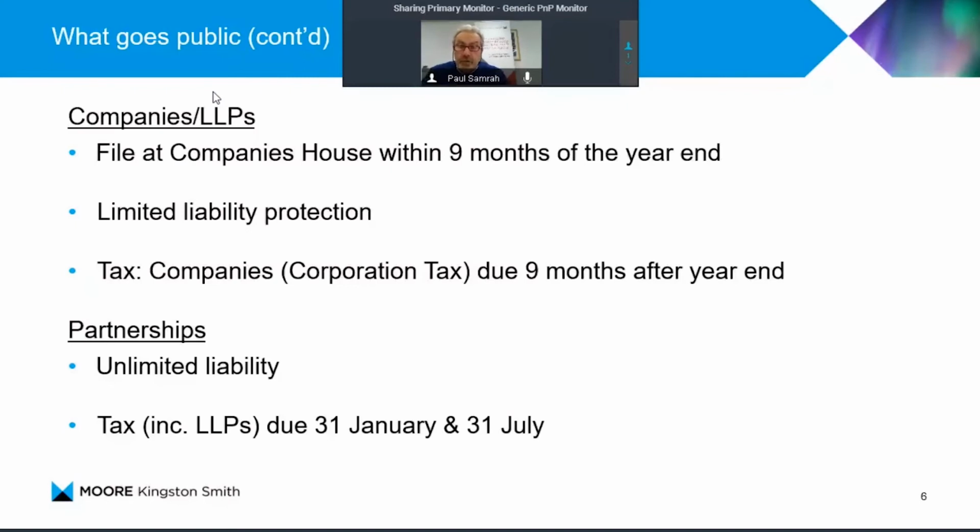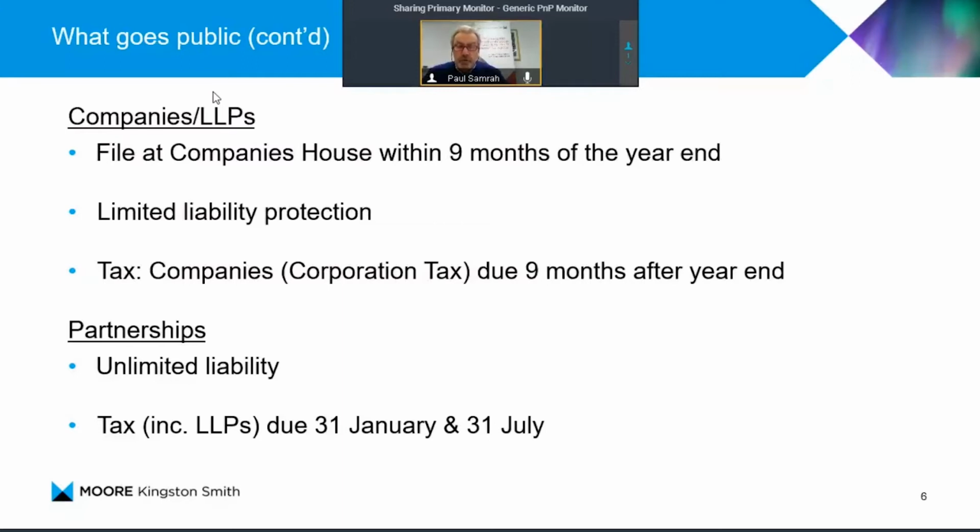The filing deadline is 9 months. So within 9 months of the year end, balance sheet date, accounting reference date, accounts must be filed. During the COVID pandemic, we've seen that 9 months being extended to 12 months. And then there are fines levied on the company if the accounts have not been filed within the filing deadline.